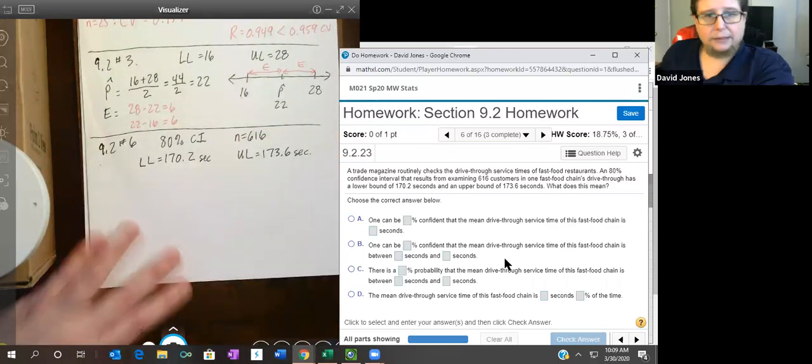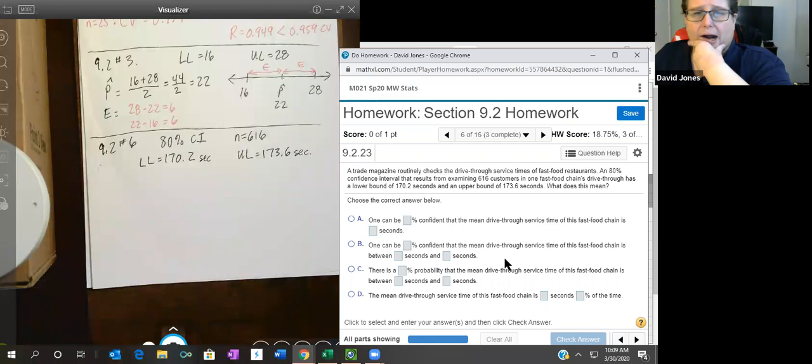What does this mean? They're asking what that confidence really means. So let's go through and reason them out. All of these should be 80% confident or 80% probability, something like that. One can be 80% confident that the mean service time of this fast food chain is an exact number of seconds.